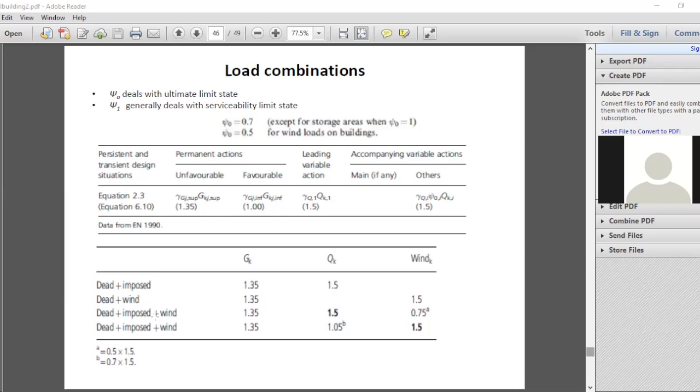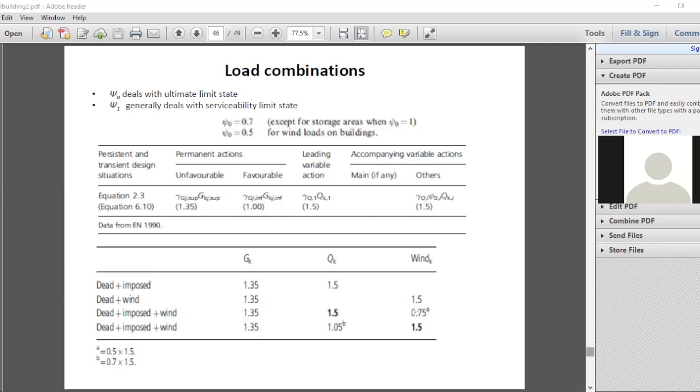The moment you select one leading, the other one becomes under the other category, where you do not have to consider the full load. So basically, if you consider imposed load as the leading, then you have dead 1.35, imposed 1.5.